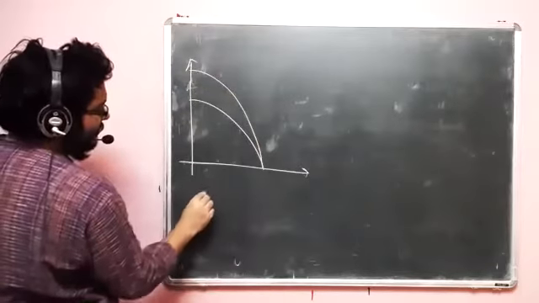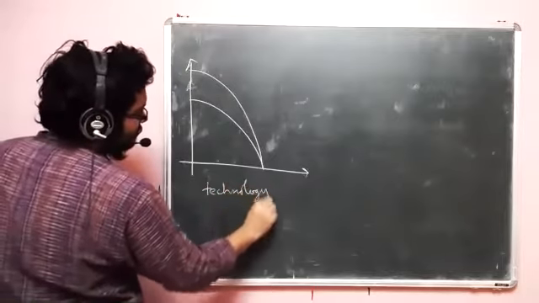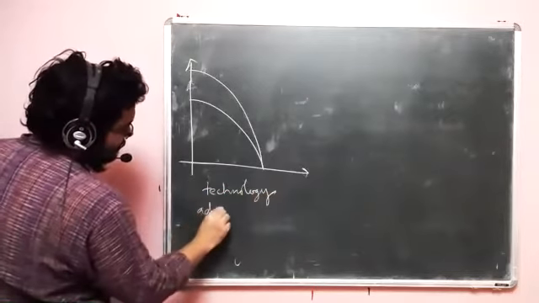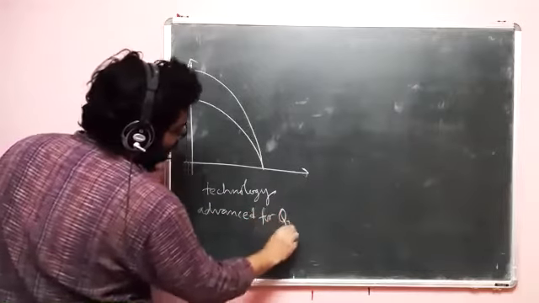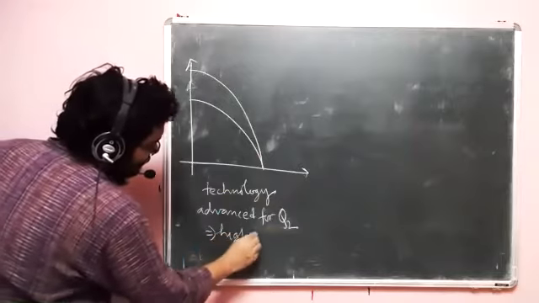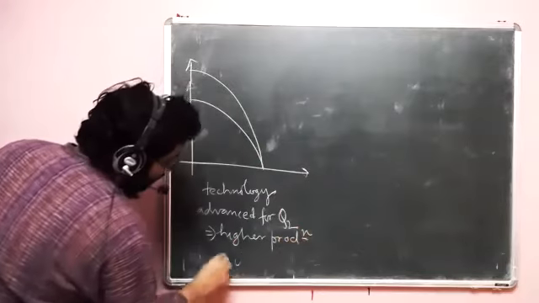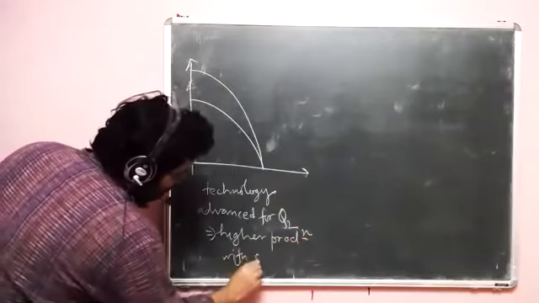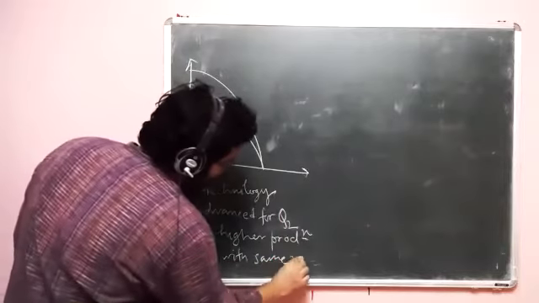So where technology advanced for Q2, which implies basically higher production with the same resources. That's what technological advancement stands for.